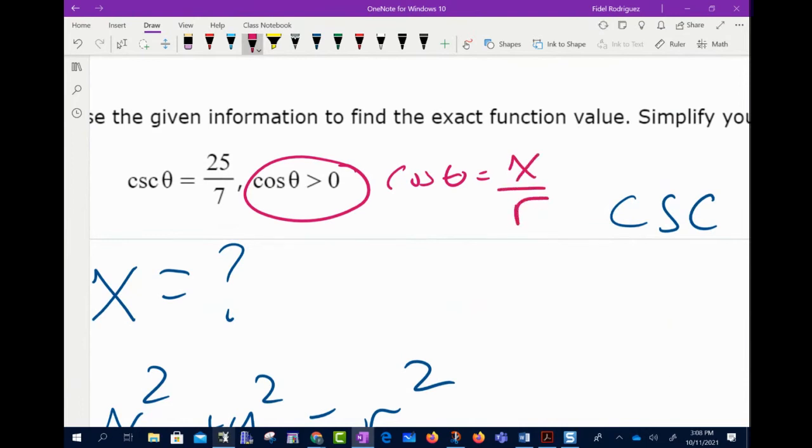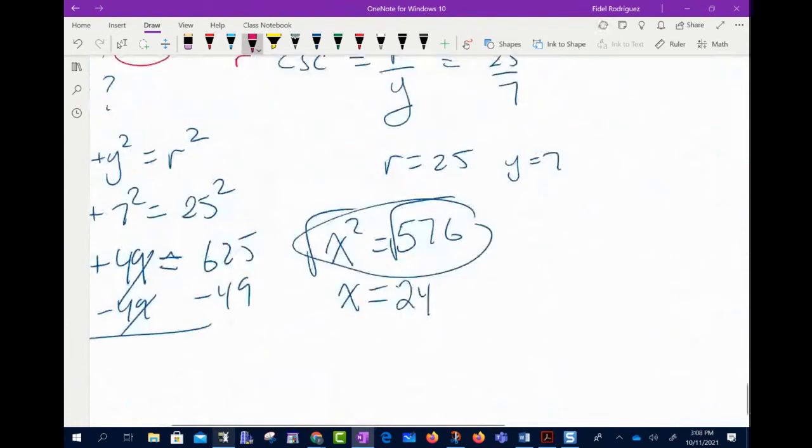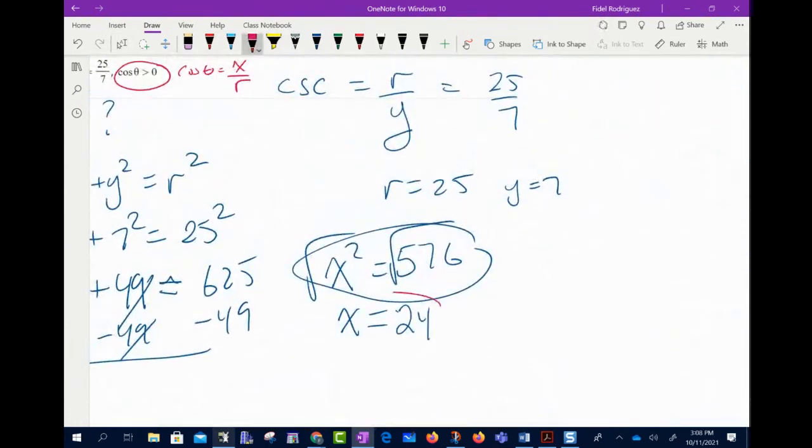Guys, r is always going to be a positive number. R, the distance or hypotenuse, is never going to be negative. So if the cosine is positive, and I already know that r is positive, then the x value is also going to have to be positive. That's why from here, I stopped at x is 24, not negative 24.